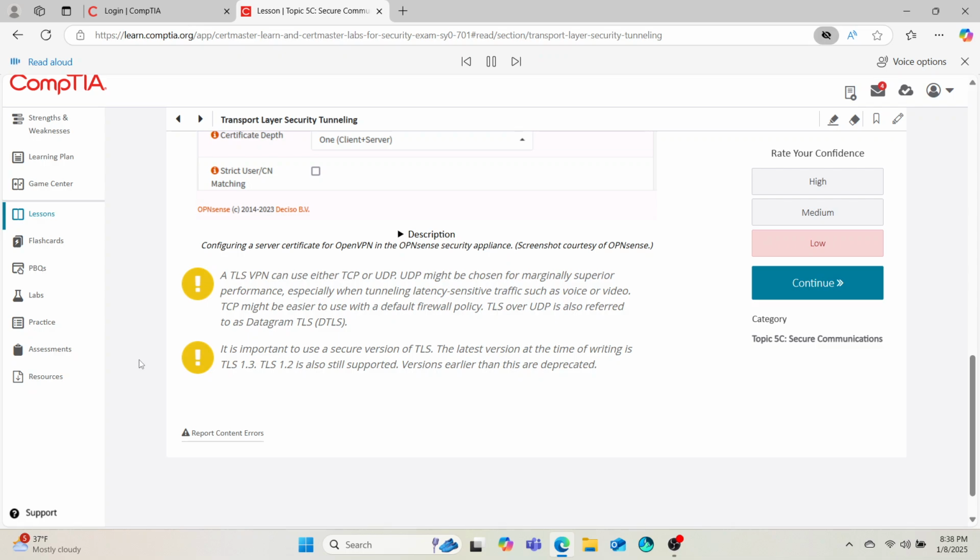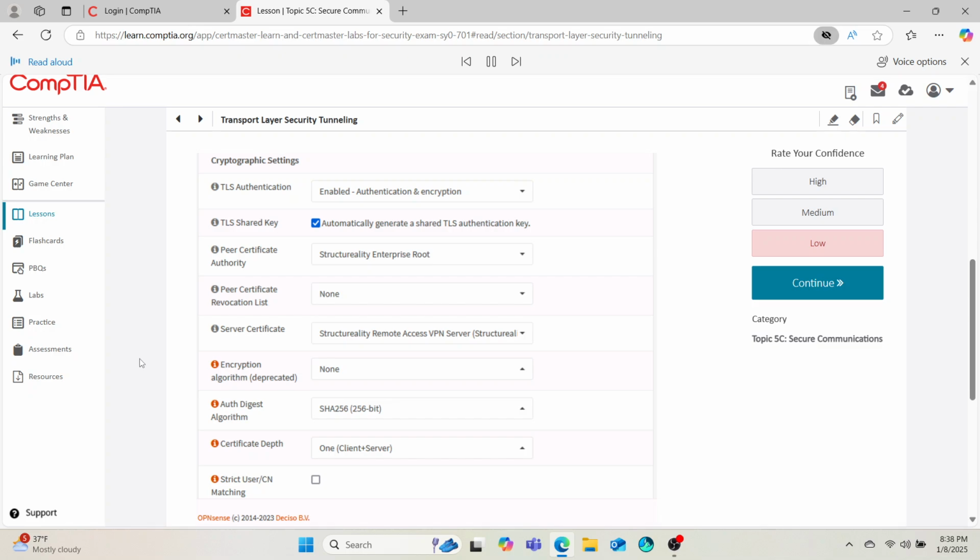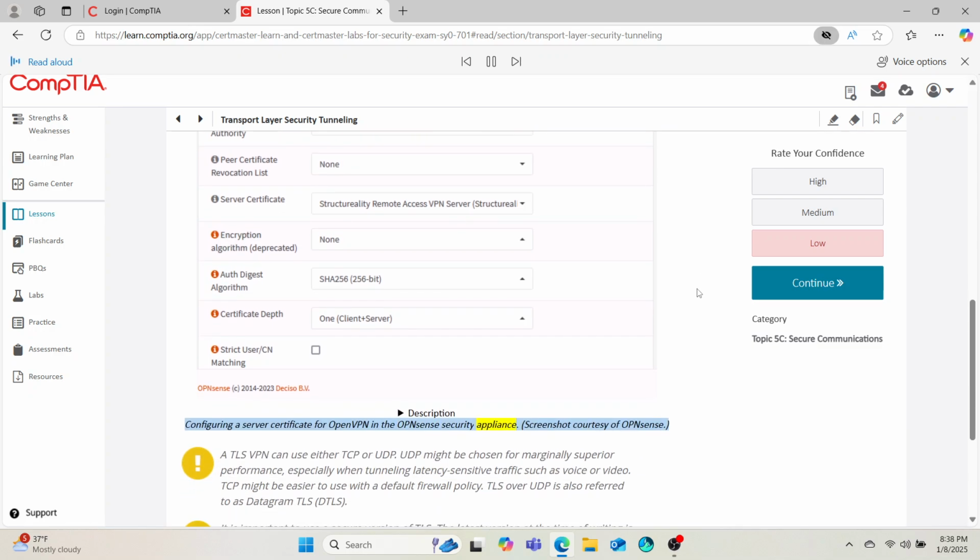Encryption algorithm, deprecated none. Auth digest algorithm, SHA-256, 256-bit. Certificate depth, 1 client plus server. Strict user CN matching, blank checkbox. Configuring a server certificate for OpenVPN in the OPNsense security appliance.